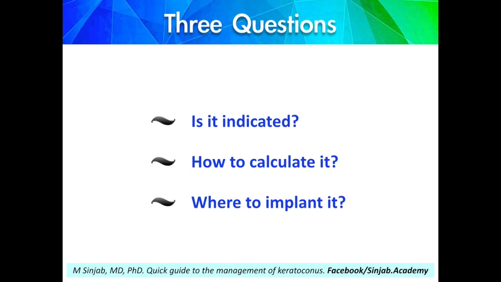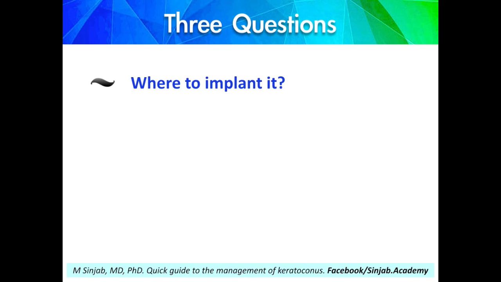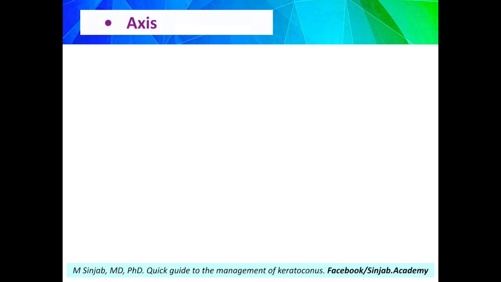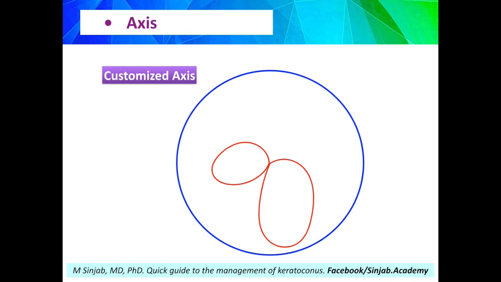The third question in this customized method: where to implant it? We have to determine the axis, the depth, and the ability of the depth. Regarding the axis, I use the customized axis. Let's take this shape as an example.